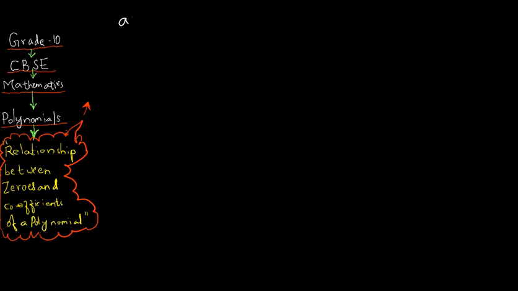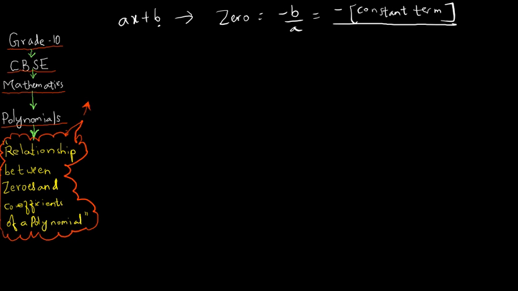If I take a linear polynomial ax plus b, then in this case my zero is very simple. It comes out to be minus b by a. So here minus of b refers to the constant term, because here it's a constant. So minus times the constant term, and down, my a refers to the coefficient of x, because this simply is a coefficient of x.